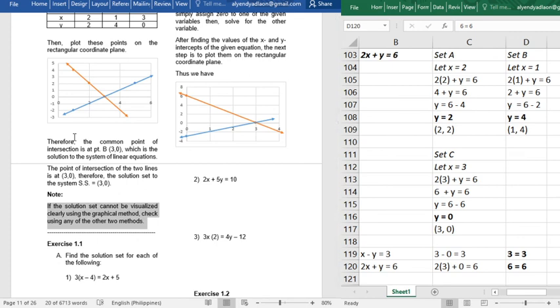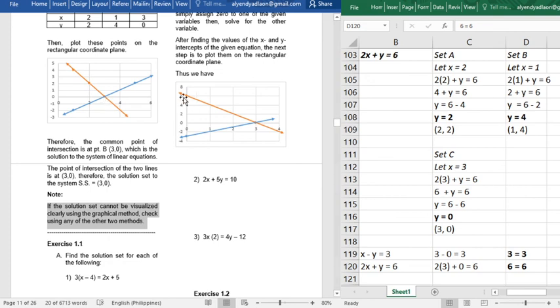If your graph is not perfect, and let's say instead of 3 you labeled here 4, because your graph was not equal, that will not give you the correct answer.